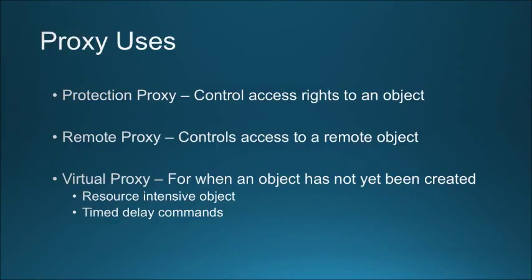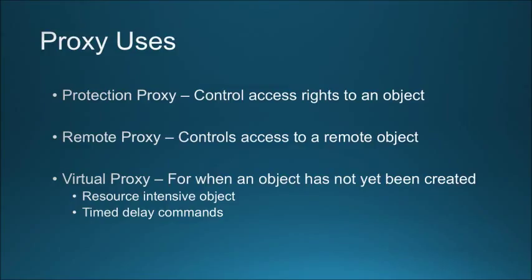The third reason would be a virtual proxy, and this is typically for when an object's not yet been created. The example you'll find with virtual proxies are typically for resource-intensive objects like an image file, where you've got a very high definition image and it takes up a lot of memory and space. Then you could have a proxy that just stores a reference to that image.